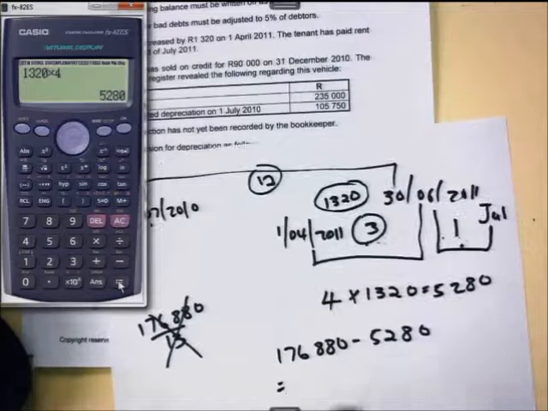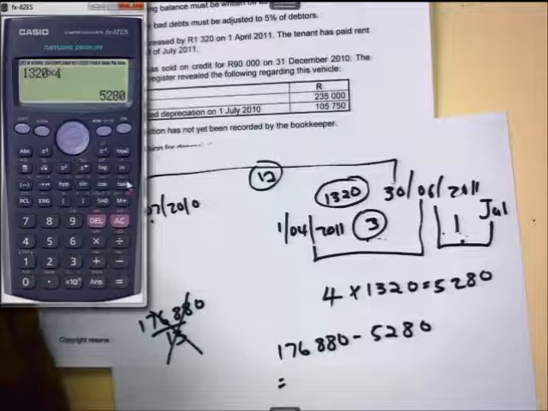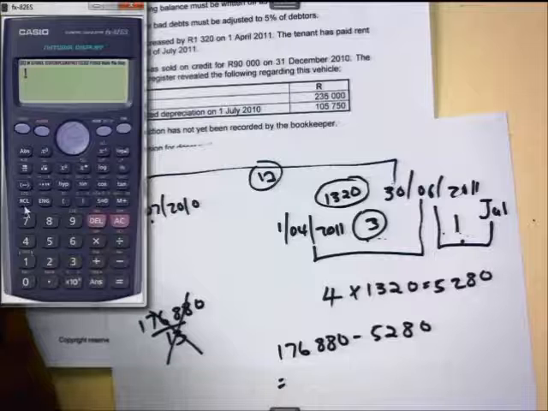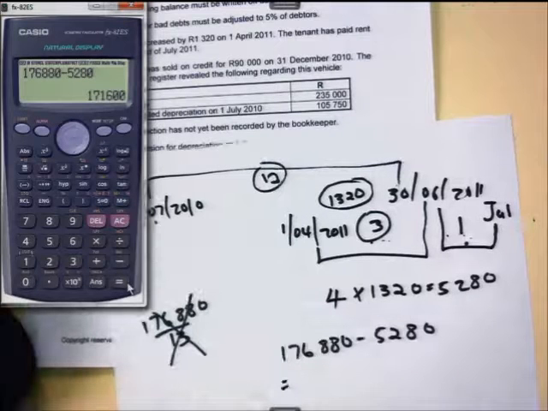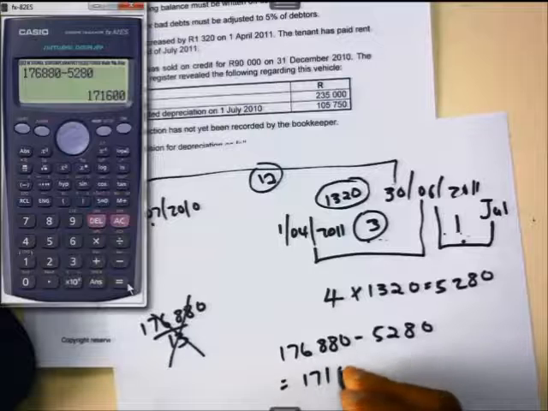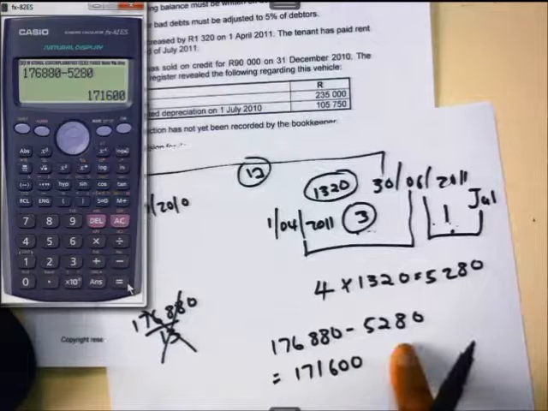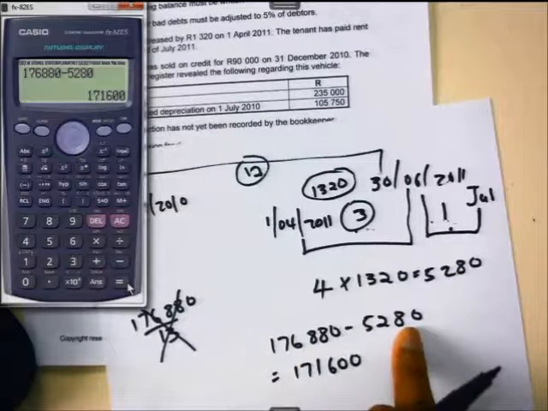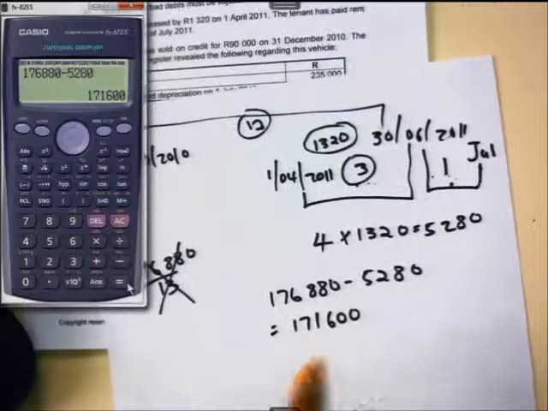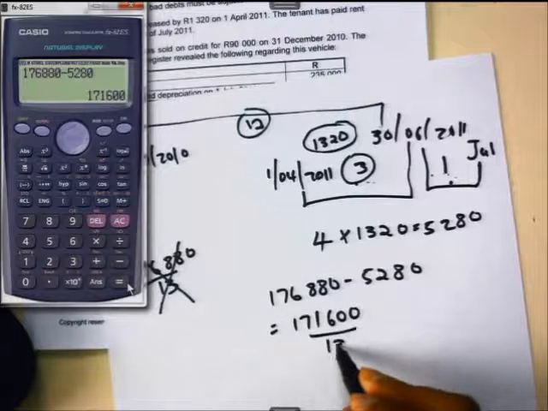We subtract the increase to check how much the rent was before the increase. So 176,880 minus 5,280 gives us 171,600. Remember 5,280 is only the increase of 4 months that is included in the amount. We are subtracting it so that we get equal rent for the whole 13 months, so we can easily divide by 13.